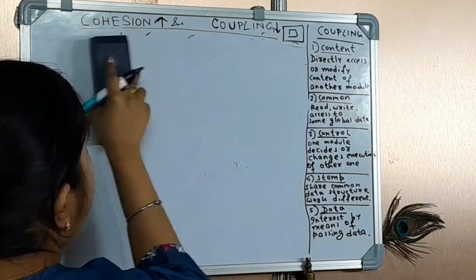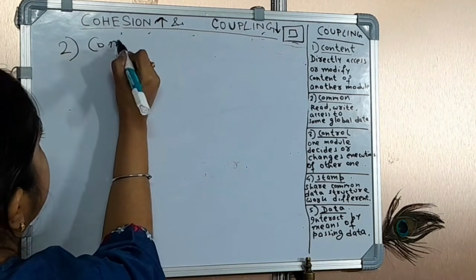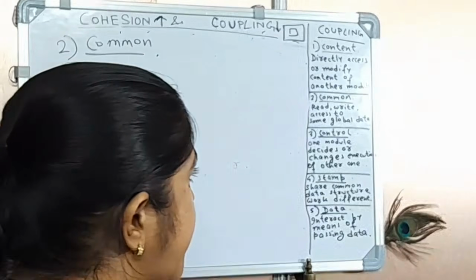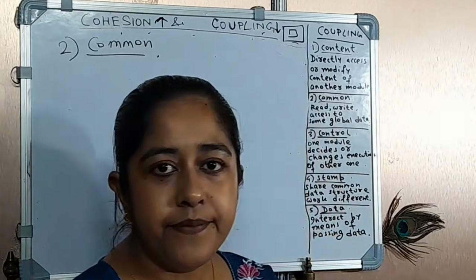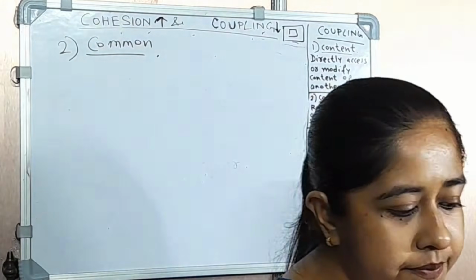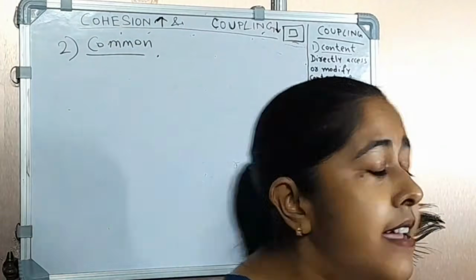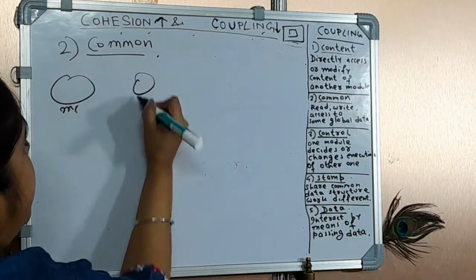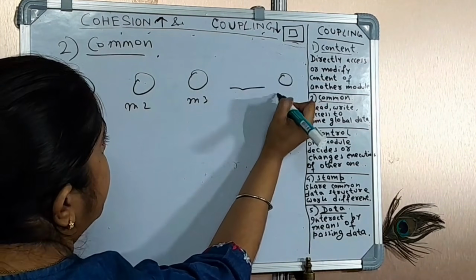Now let's see the next kind of coupling, which is common coupling. What is common coupling? Read, write, access to some global data. Suppose multiple modules are there, M1, M2, M3, Mn, whatever.